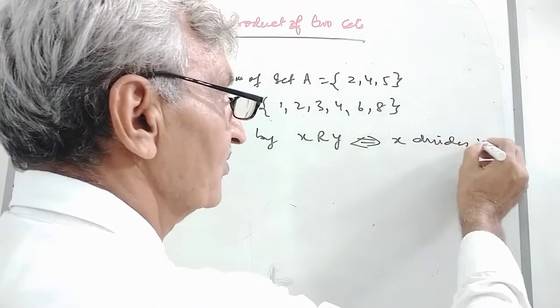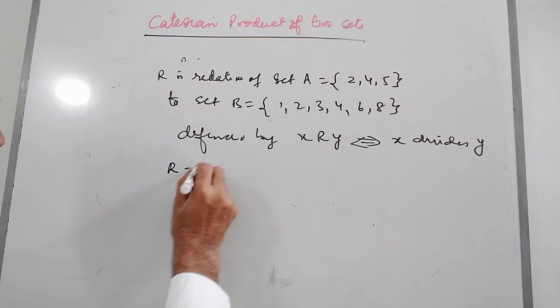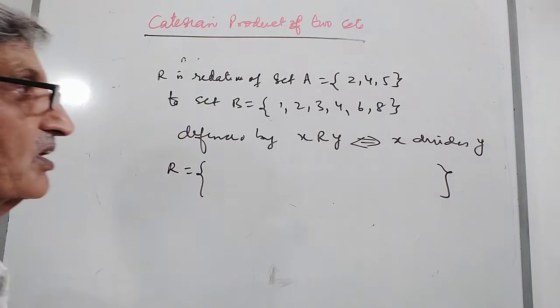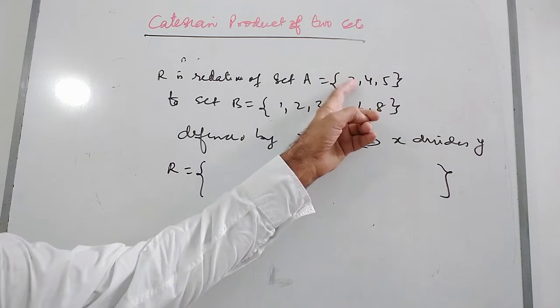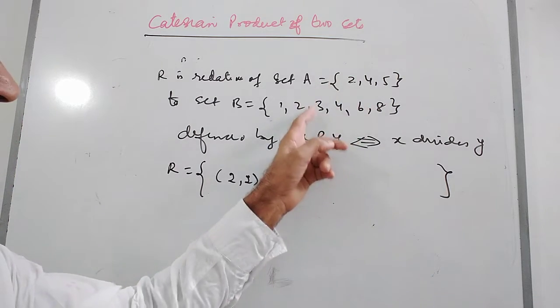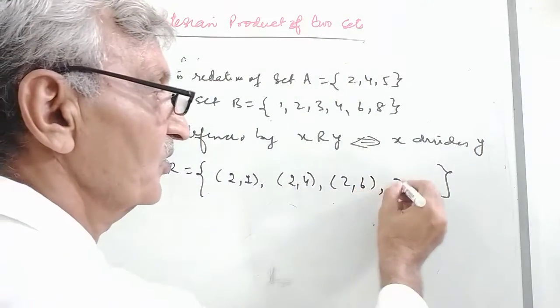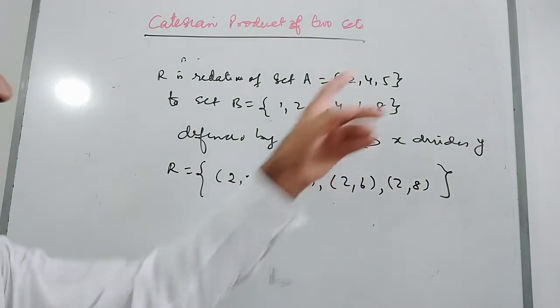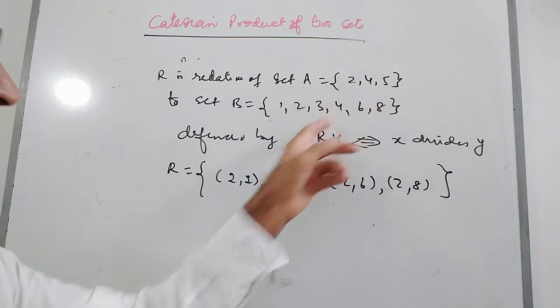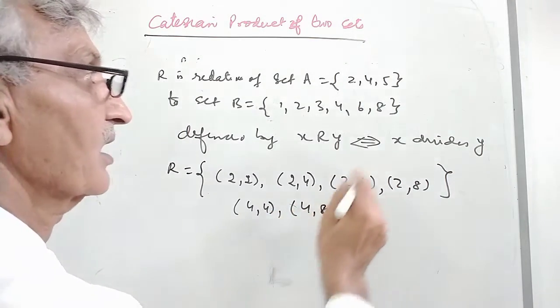Okay, बोलिए कौन कौन सा आएगा. पहले मैं A cross B निकालूं, उसके बाद उस R में कौन कौन से आएंगे. आप देखते हैं x divides y. 2 1 होगा. 2 2 आ जाएगा क्योंकि 2 को डिवाइड करता है. 2 3 नहीं आएगा. 2 4 आ जाएगा. 2 और 6 आ जाएगा. 2 और 8 आ जाएगा. और 4 डिवाइड 1 नहीं. 4 डिवाइड बाई 2, 4 डिवाइड बाई 4 भी आ जाएगा. 4 6 नहीं आएगा. 4 8 आ जाएगा. 5 का कोई नहीं आएगा.